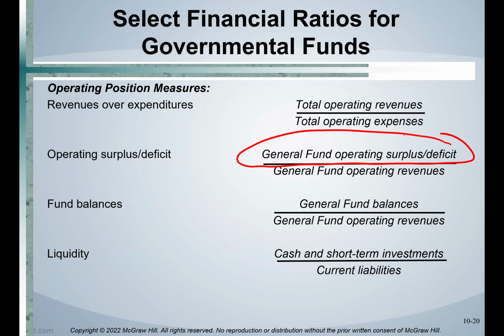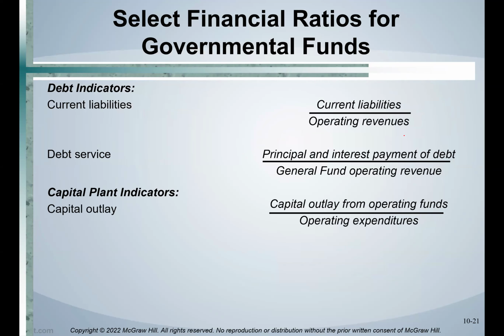That one I picked up off of, remember we had the excess of revenues over expenditures. So I'm thinking you'd pick that off of the statement of revenues, expenditures, and change in fund balance versus operating revenues. Liquidity: short-term investments, current liabilities, really all we report for our governmental funds.